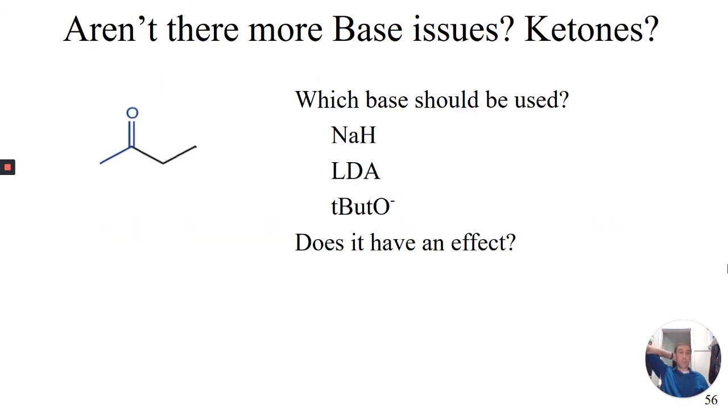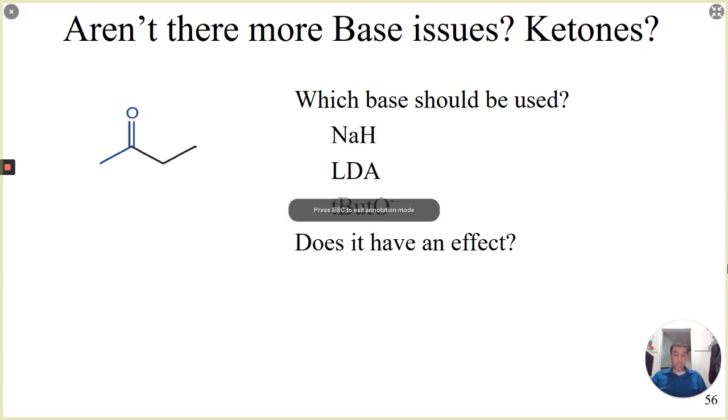Are there more issues that could pop up with bases? Ketones also have alpha hydrogens. Okay? The problem with ketones is that they have two different alpha hydrogens. Which one you remove depends on the base. So for instance, if we take a look at this structure, we have 3 alpha hydrogens out here, and we have 2 alpha hydrogens in here.